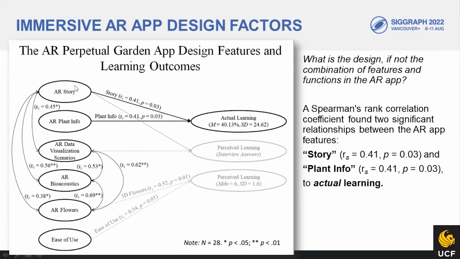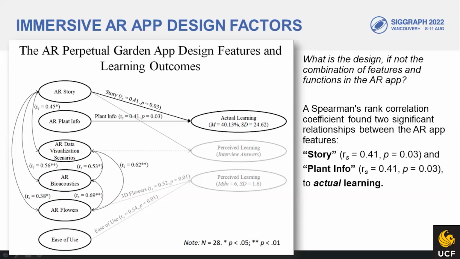So they're amplifying the learning aspect of the information that does not have graphical representation, right? Another important takeaway here is that the perceived learning on the surveys, they were correlated to the flowers and ease of use.